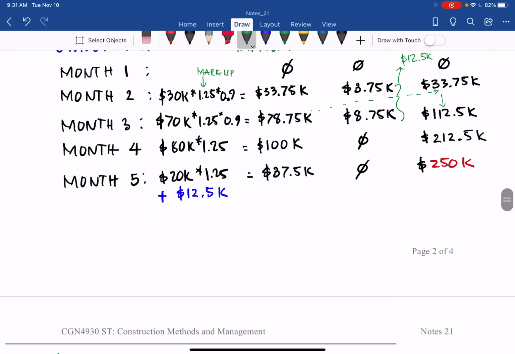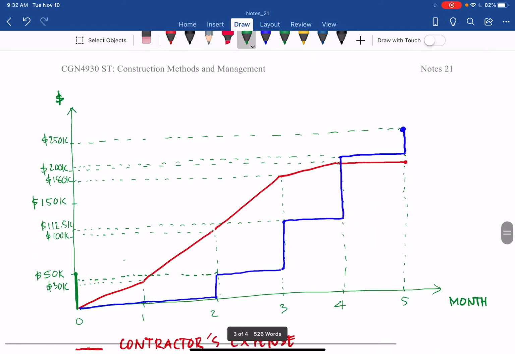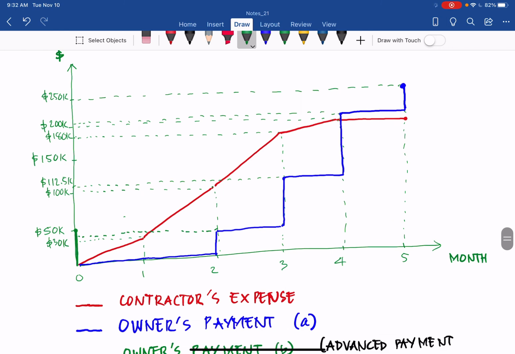So it becomes 50 plus 33,750, so 83,750 for month 2. So it means nothing is paid until the second month, but it will be 83,750. Okay, so you have that one here, go up to that amount.